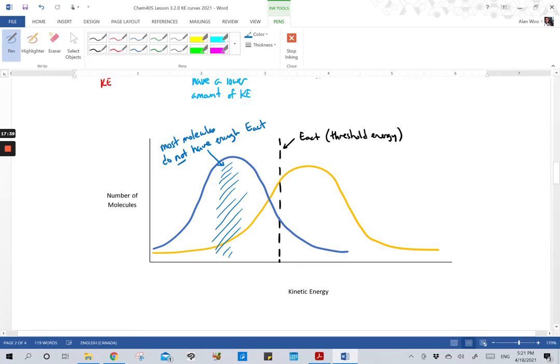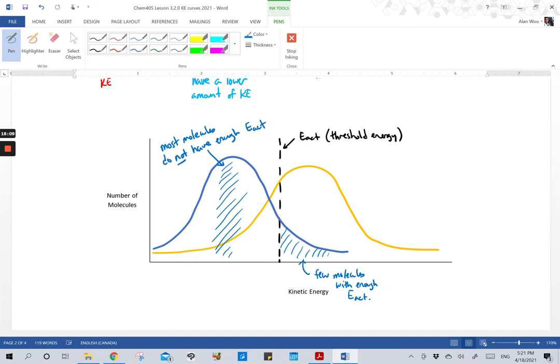But if you look at this side here, okay, you have few molecules with enough activation energy. So a few of these molecules might actually be going through a chemical reaction just because they have enough activation energy, but the majority doesn't.